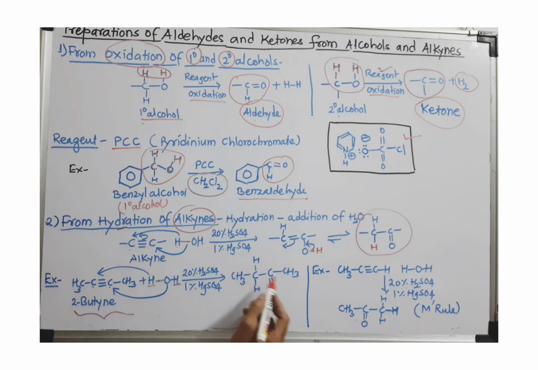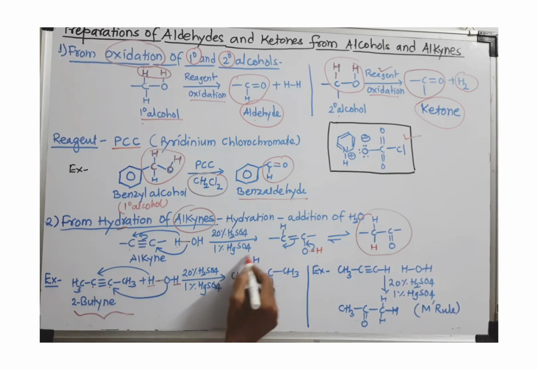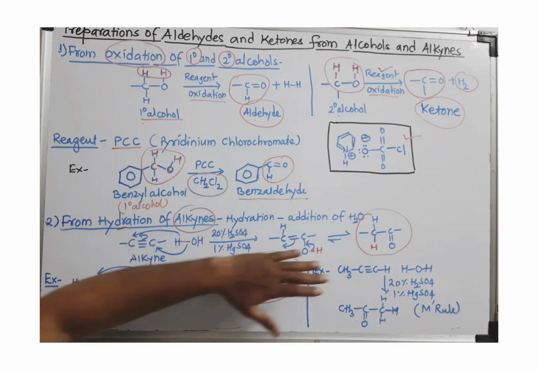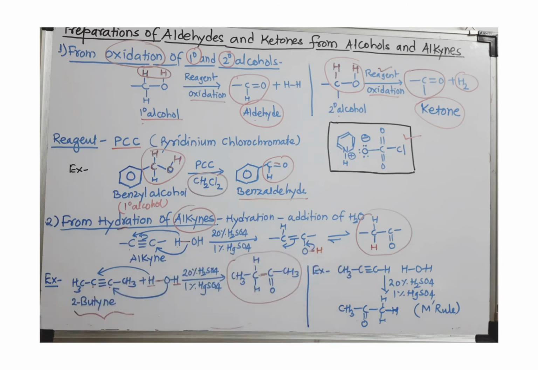One pi bond is used to join one hydrogen and another pi bond is used to join the other hydrogen, and then you join oxygen on the other carbon. The triple bond is converted to a single bond and you will get your answer directly. So this is the trick. You can skip the enol portion or the tautomerization part to get your answer.